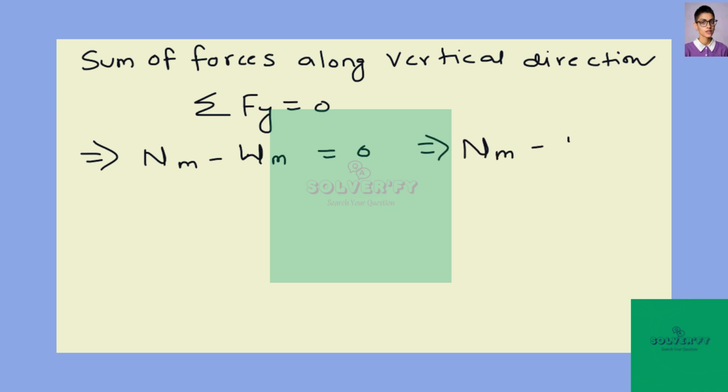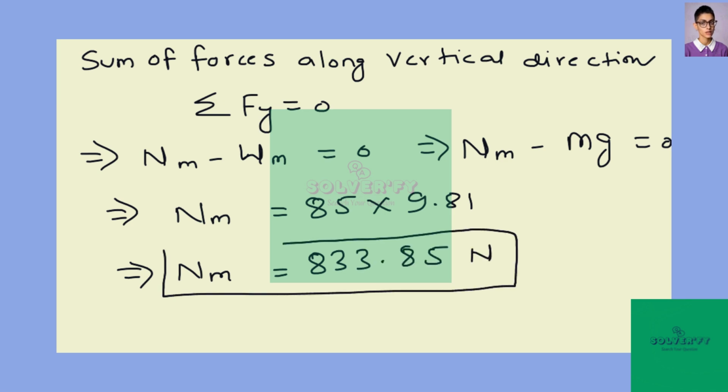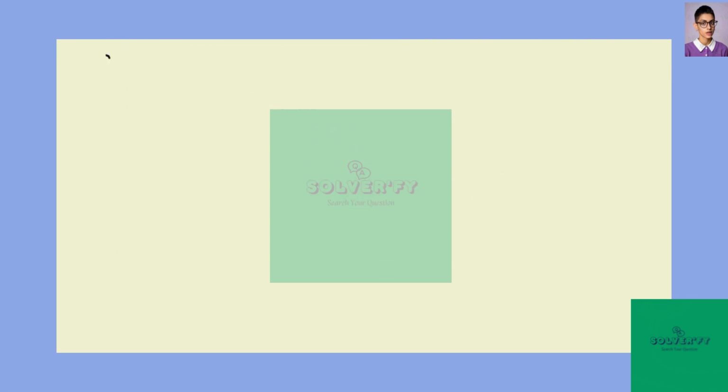So Nm minus mg is equal to 0. On solving, we will get Nm is equal to 85 into 9.81. So the value of Nm comes as 833.85 Newton.